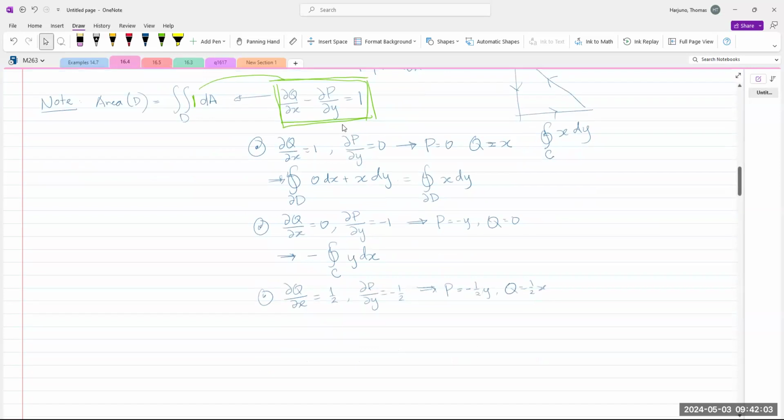The line integral over closed curve C therefore becomes the integral of negative 1/2 y dx plus 1/2 x dy.